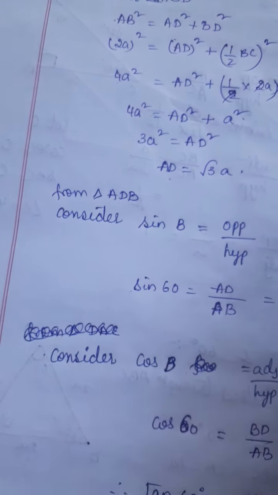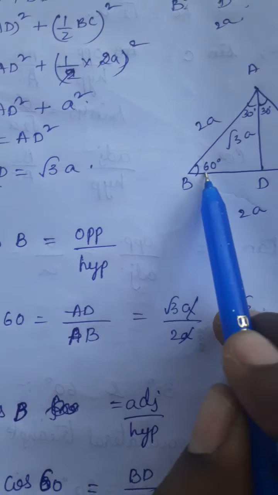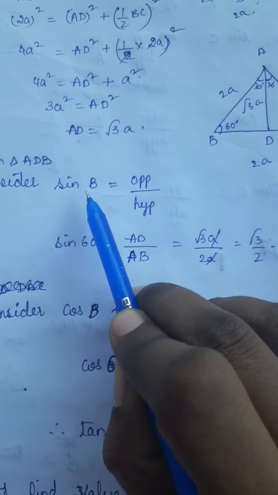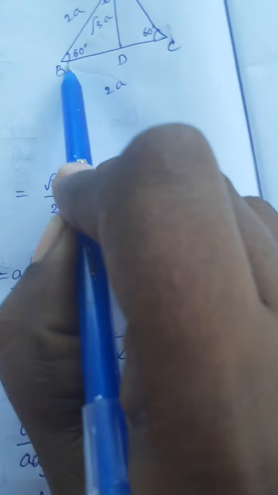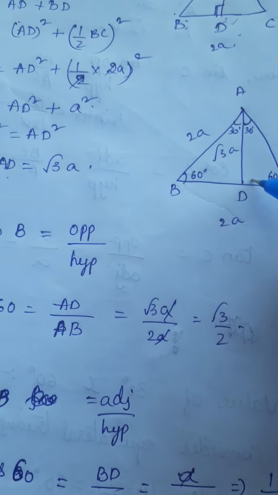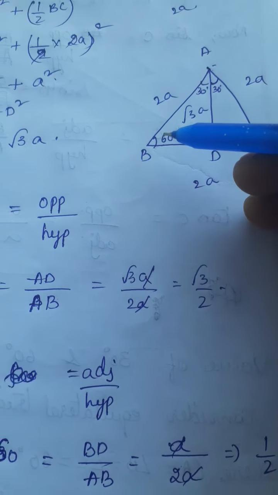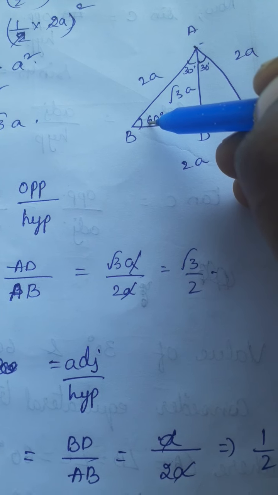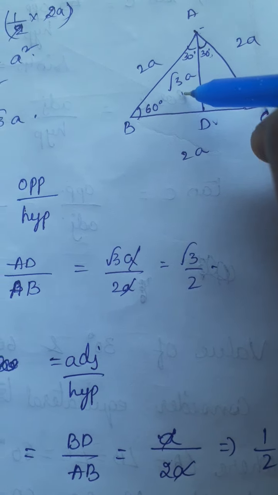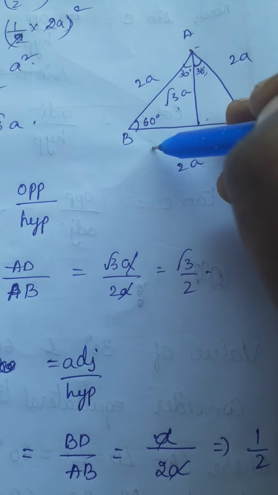Now I am finding the value of 60 degrees. Sine 60 degrees. Here the angle is B. So sine 60 is equal to opposite side by hypotenuse. The opposite side of angle B is AD in triangle ADB. AD by AB.